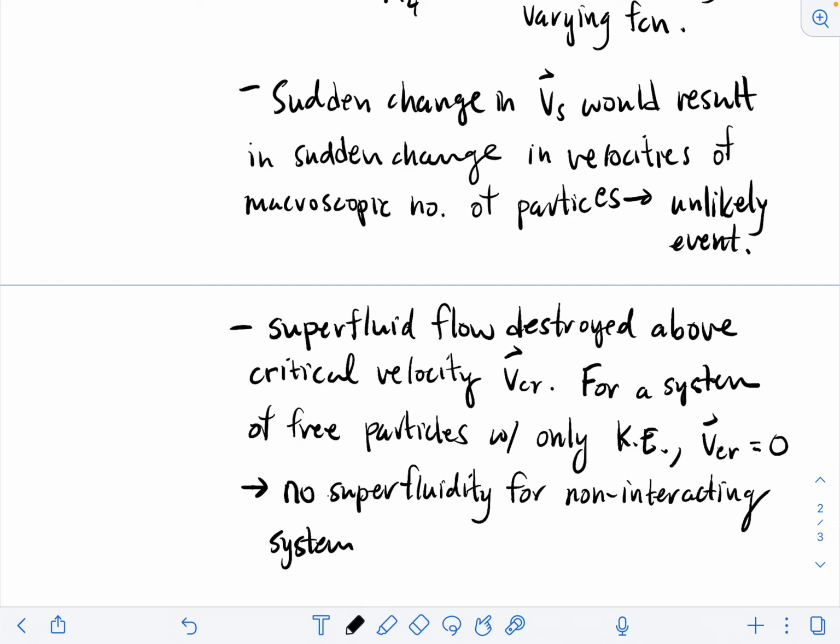And so maybe that's not an intuitive result. It's maybe even a little bit surprising. So in fact, interactions are necessary for superfluid flow.